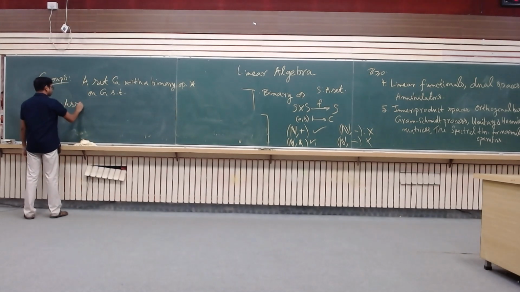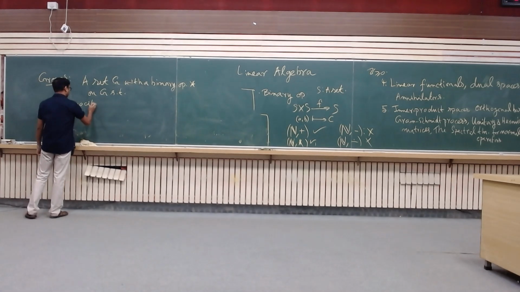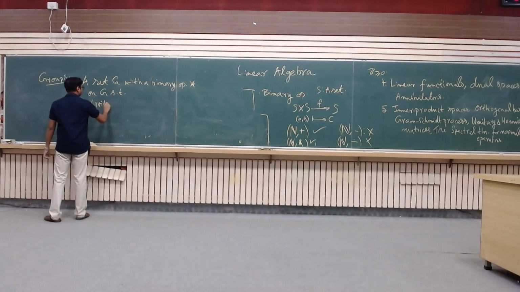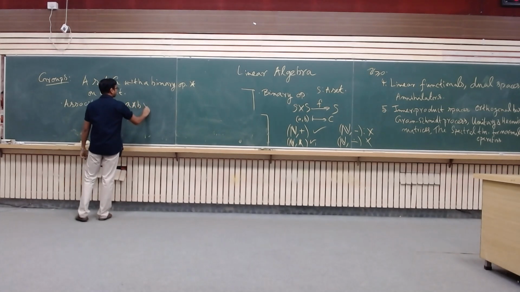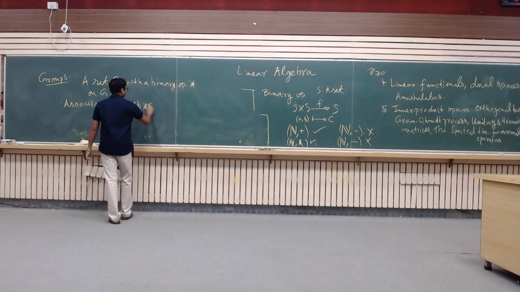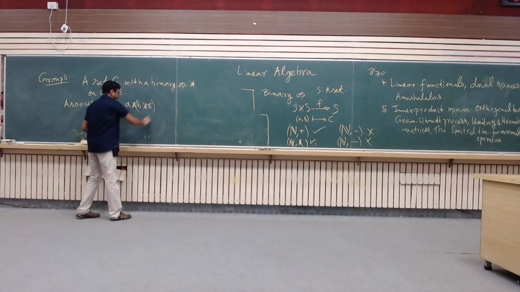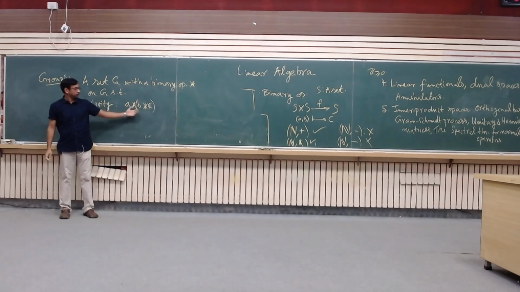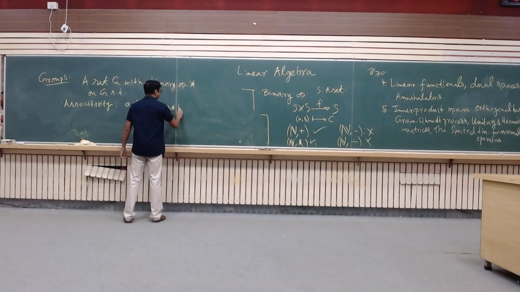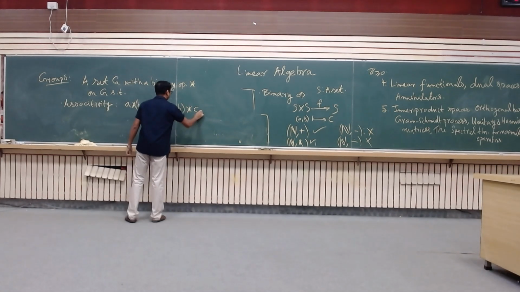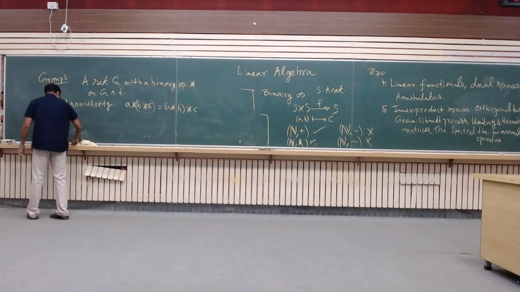One is associativity, that is A star B star C. It doesn't matter which star you do first, B star C or A star B, it's the same. That's associativity.